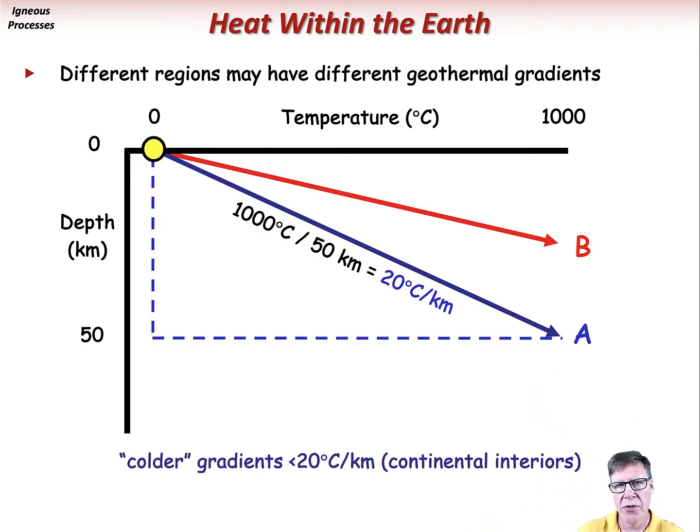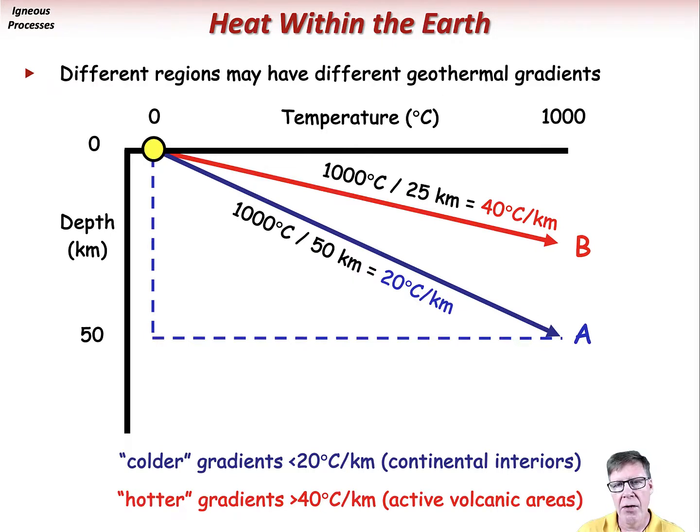This colder geothermal gradient is indicative of a continental interior or an area away from any major active volcanism. Geothermal gradient B increases to 1,000 degrees C in 25 kilometers depth, so its geothermal gradient is 40 degrees C per kilometer. This hotter geothermal gradient is representative of active volcanic areas.